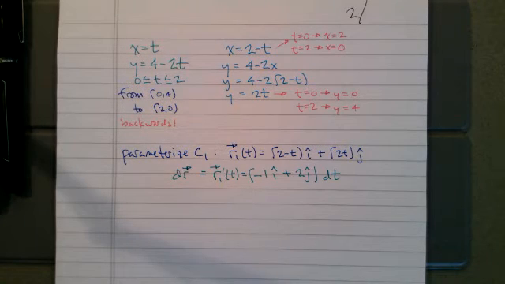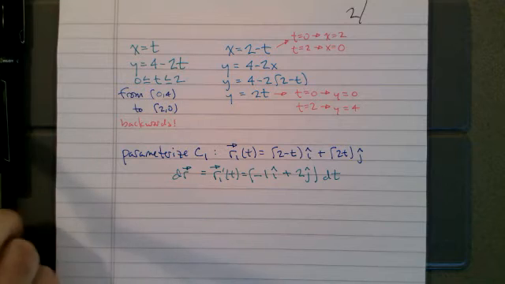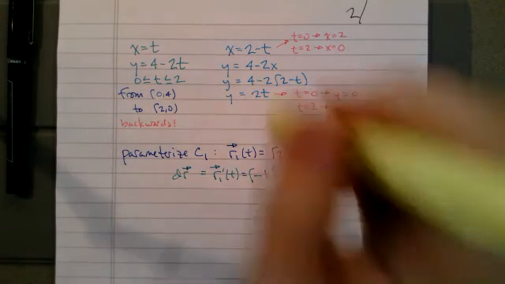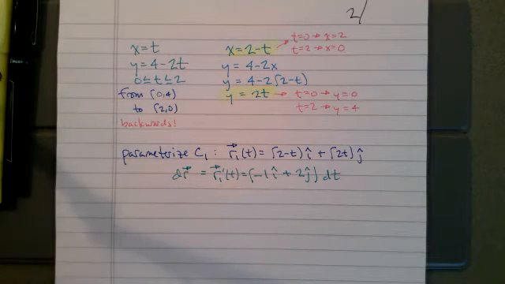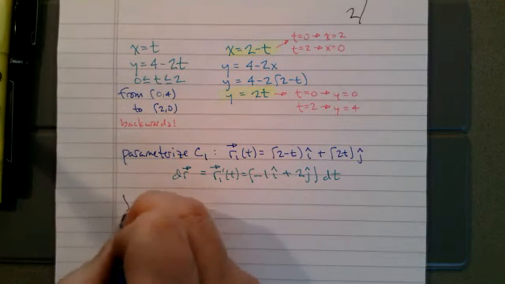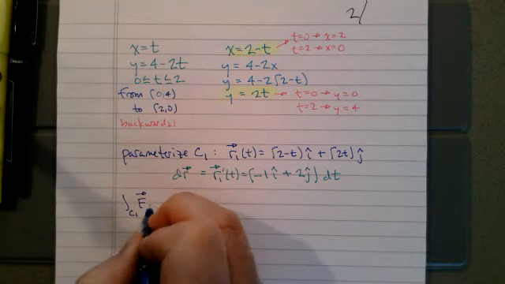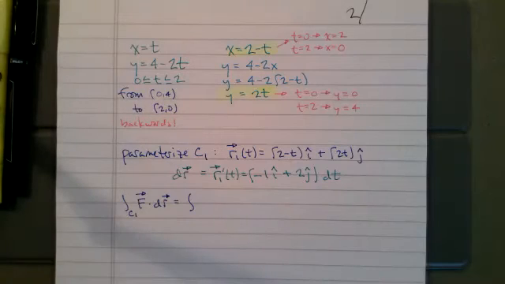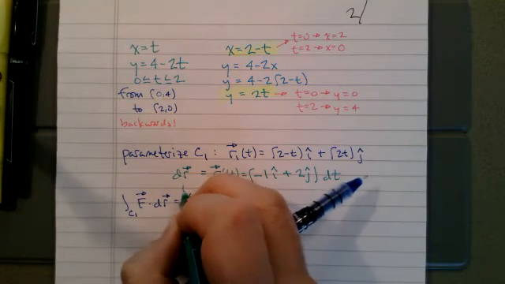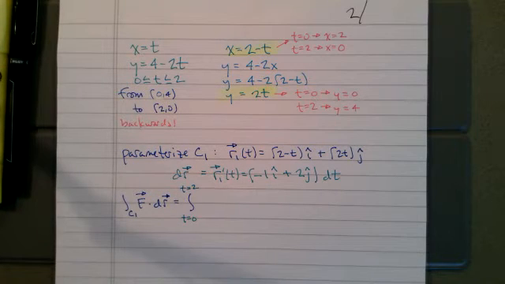Now we can plug our x and our y into our vector field, and our integral over C1 of F dot dr is going to be the integral, t goes from 0 to 2. Our F at x, y is 6x i plus y times j.